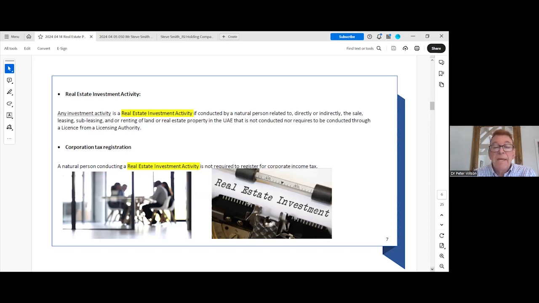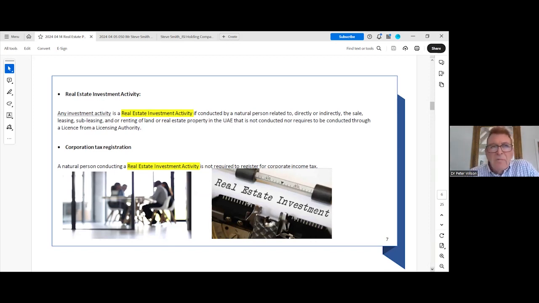Not true. And you can see that the real estate investment activity covers the sale, leasing, subletting, and or renting of land or real estate property in the UAE. And let's put aside for the moment that it is not conducted nor requires to be conducted through a license from a licensing authority.